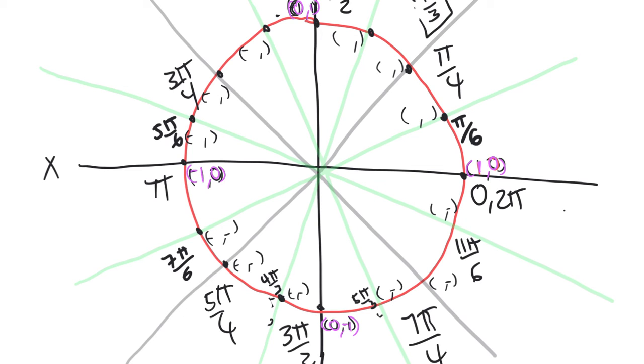Now, what you need to know, you could focus on quadrant 1. It goes from an x coordinate of 1 all the way to an x coordinate of 0. As you go up, the x coordinates decrease. So that means you're going to go 3, 2, 1. And you put everything over 2. And you can say everything gets the radical. Now, radical 1 is just 1, so I'm not going to put a radical there, but you could.